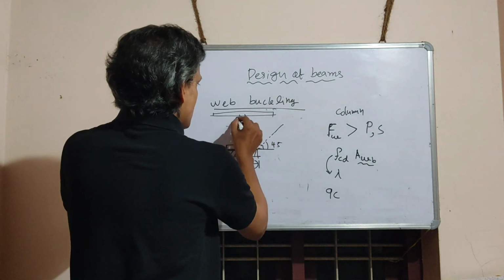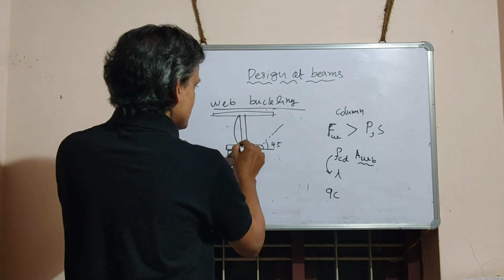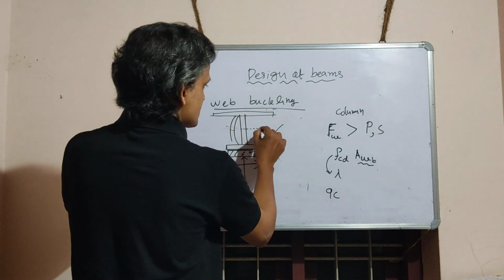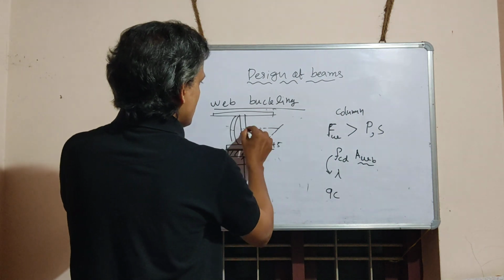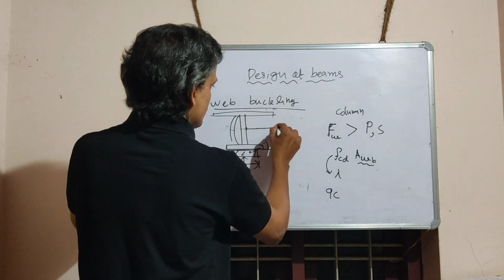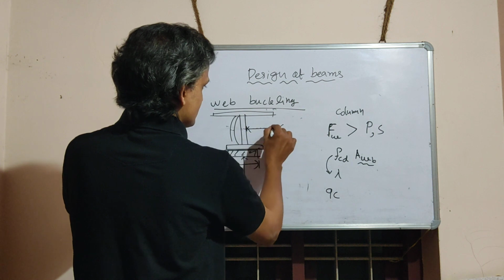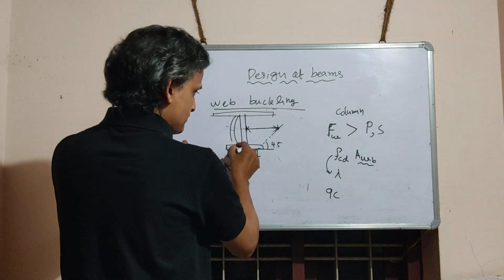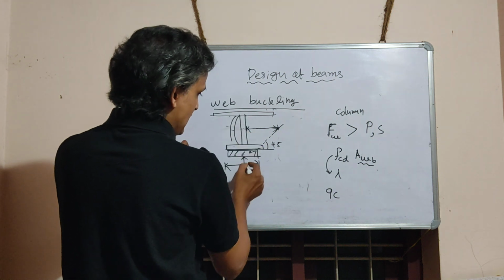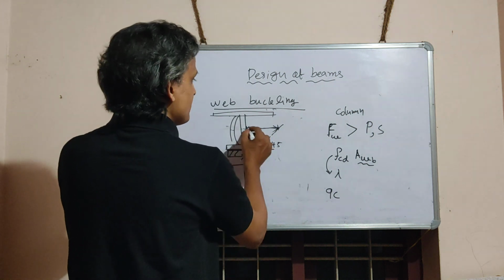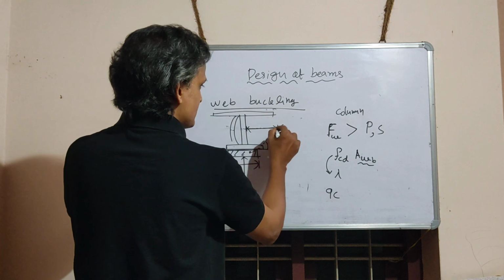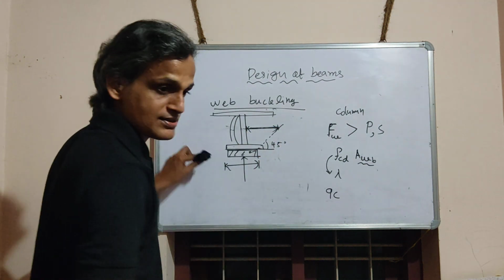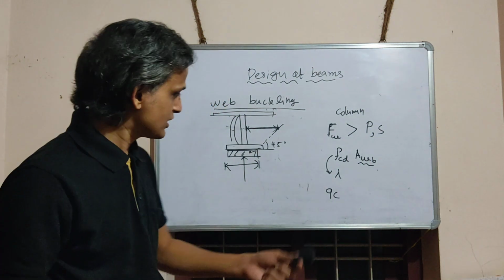Then, the buckling phenomenon is maximum at the center. So, when we reach this center point, what is the width of this section? If we know the depth of this section and the width of this bearing plate, we can easily calculate this width because the angle is taken as 45 degrees. So it is very easy.